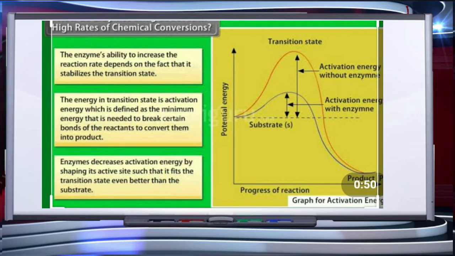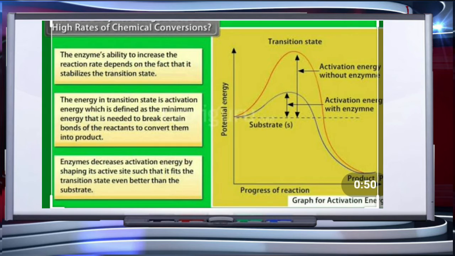Let's understand what the transition state is. Formation of the enzyme substrate complex is called a transition phenomenon. During the state where the substrate is bound to the enzyme active site, a new structure of the substrate called the transition state structure is formed. In simple words, the structure of the substrate gets transformed into the structure of the product.